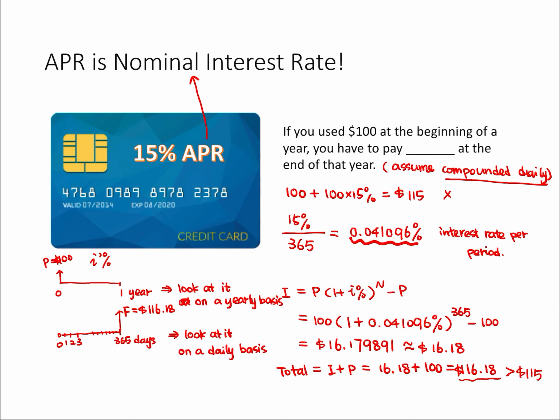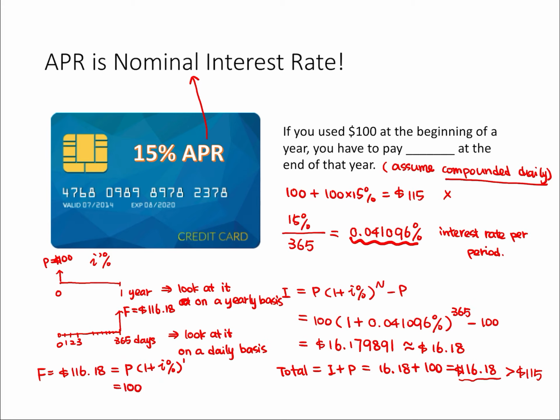Okay, so we count it once a year. And you already know your future value is 116.18. And somehow you want to convert your 100 by some annual interest rate to after the end of 1 year, and you still want to get the same future value, 116.18. So what you're going to do is to use P times (1 plus i%) to the power of 1, right?